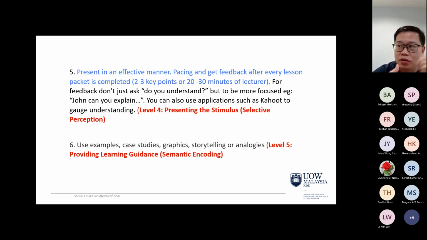John, can you explain, or something like that? Or we use technology to get feedback on the points that you actually covered immediately. So this is called presenting the stimulus, selective perception. The reason is because we want to ensure that students understand what you have just covered.